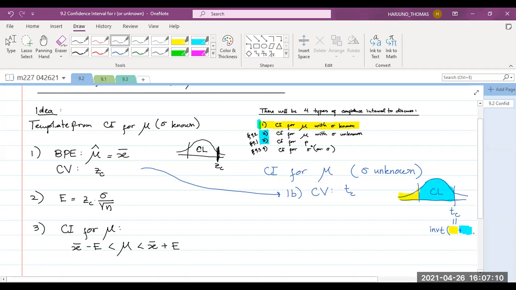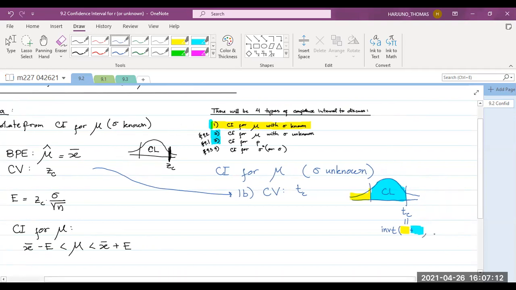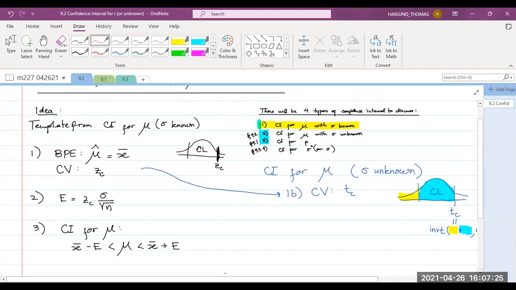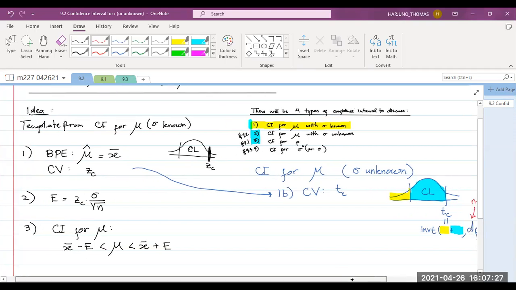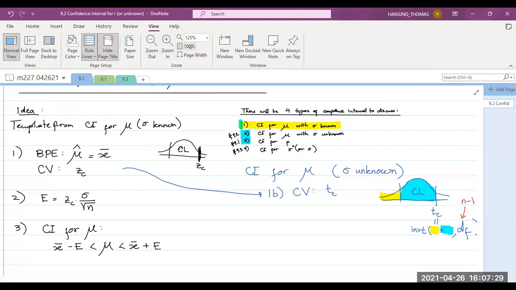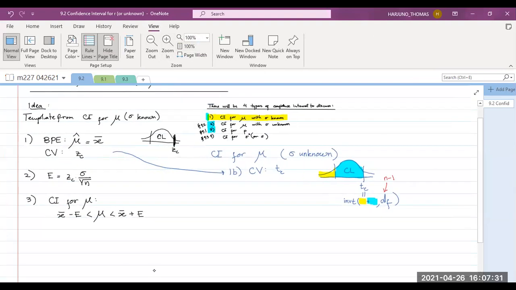Comma, degree of freedom. Now, the degree of freedom is always the sample size minus 1, at least in this class. We'll get into more detail for that. Oops, that's way too small if we see it this way.